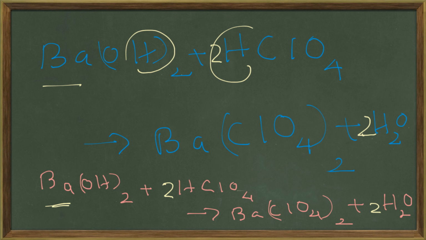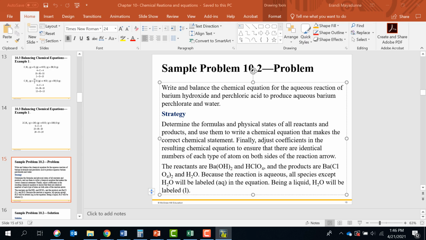So I have one barium, barium is good. 2 ClO4s, ClO4 is good. And then I look at hydrogen, I have 2 hydrogens here, 2 hydrogens here, 4 hydrogens. In order to make it 2 into 2, 4, and 2 oxygen, the equation is balanced. So that's how I balance this equation.